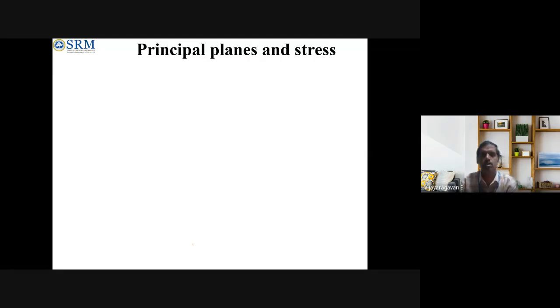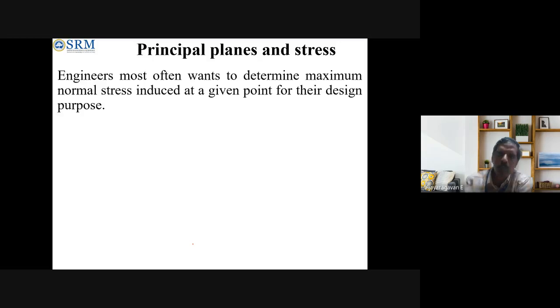So the next important part is about principal planes and principal stresses. Whenever we go for designing, we want to know the maximum stress induced. Accordingly, we can select a suitable material, because for every material there are some stress limits.